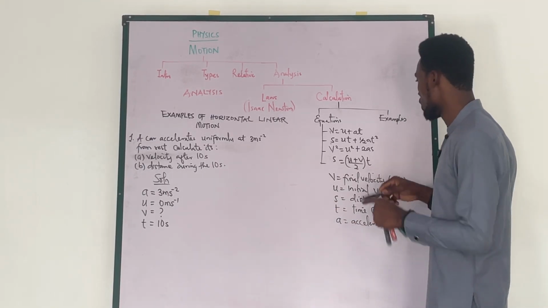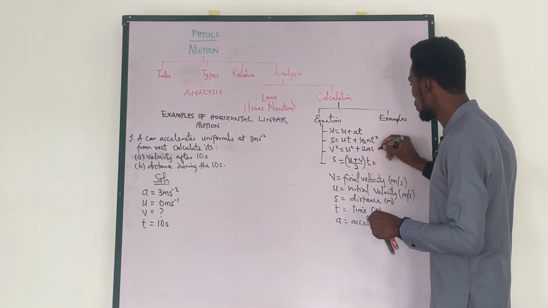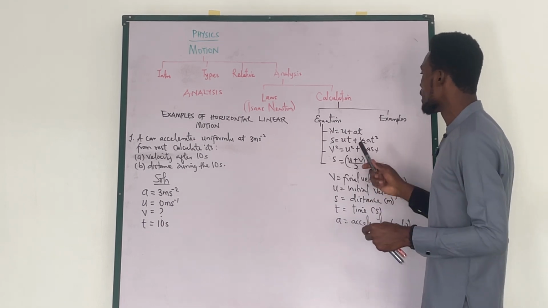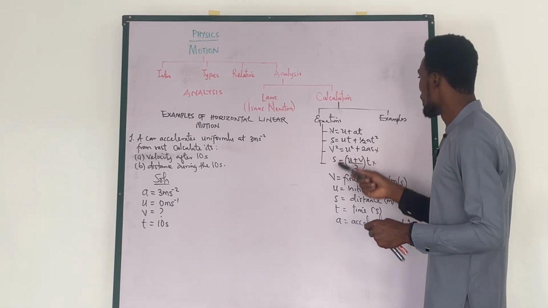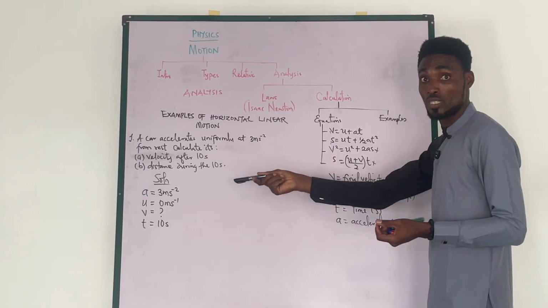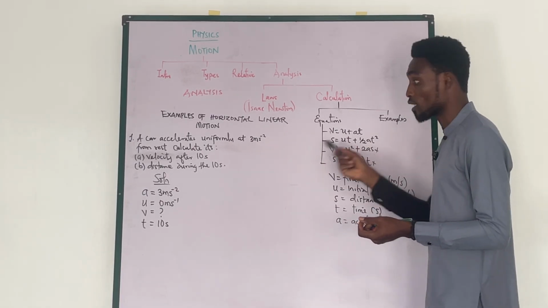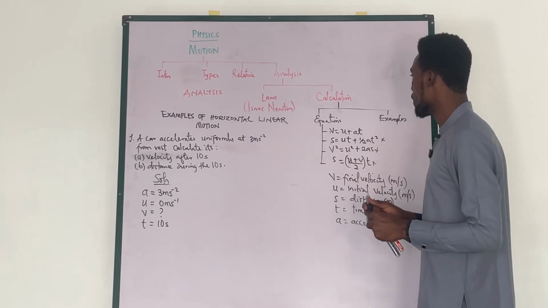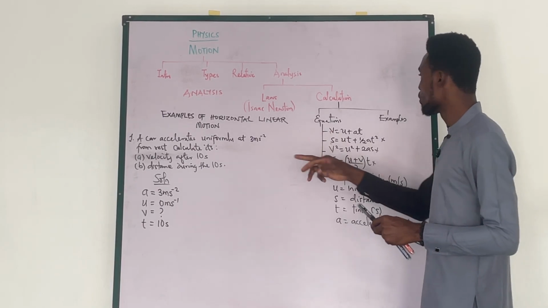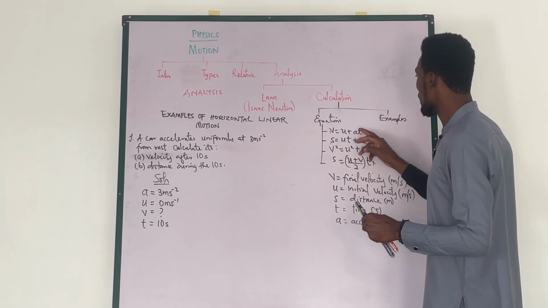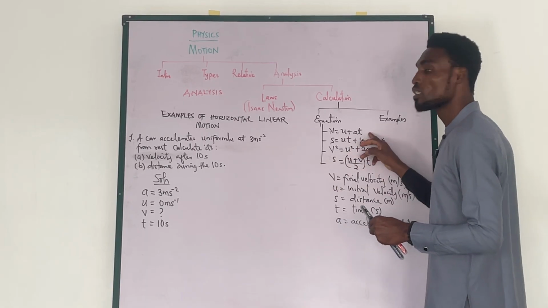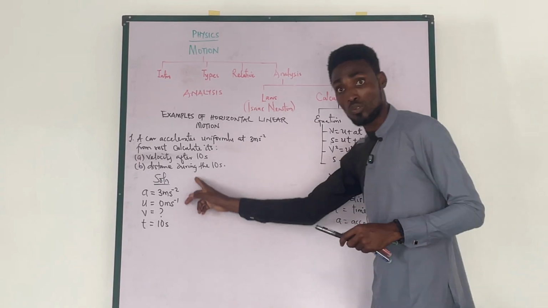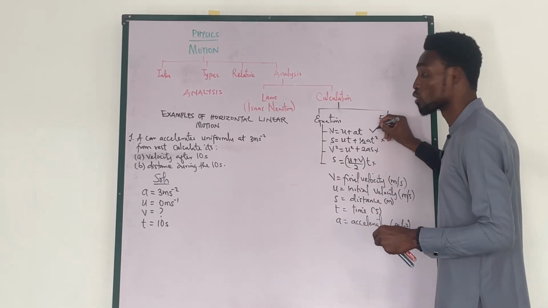So this equation is not needed here. Cancelled. Next one, everything is available here except that there's no V on this one. I don't even need S, so I don't need that for this question. Lastly, we have V available, U available, A available, T available. So out of all of this, only V is missing, and that's what we're looking for here, and that's the best equation to use for this question.